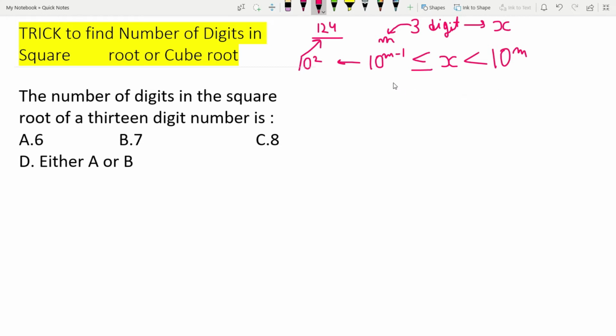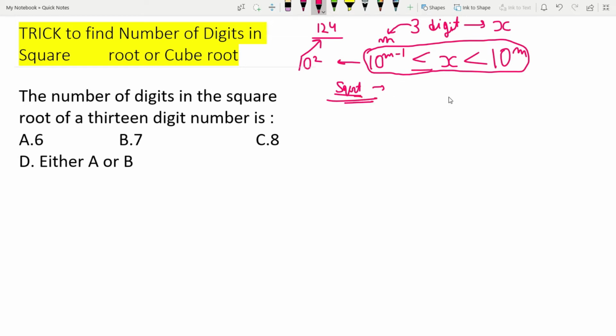So if I need to find the square root, whenever the word square root comes, you will do another generalization. We are going to multiply the power of this equation, which is the equation we got. We will be multiplying the power by 2 whenever the word square root comes.